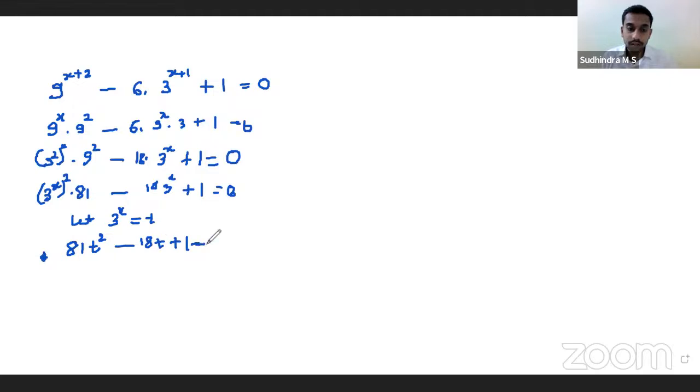We have to just simplify this. What are the factors that we get? 9 into 9. It should be minus 9 into minus 9. That's all. 81t square minus 9t minus 9t plus 1 equal to 0.